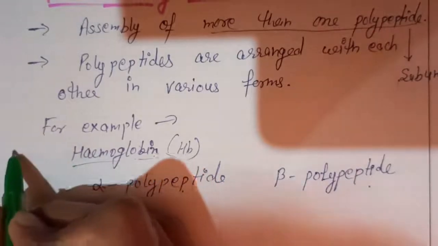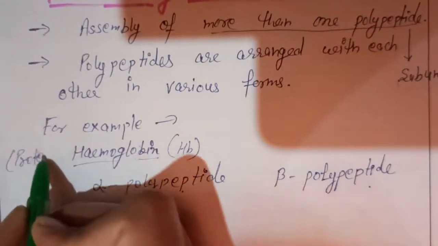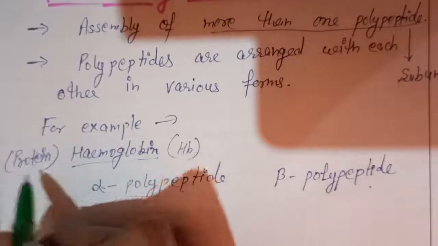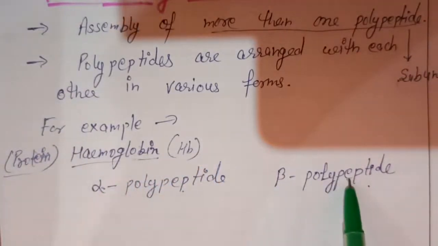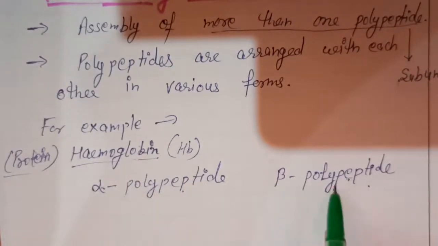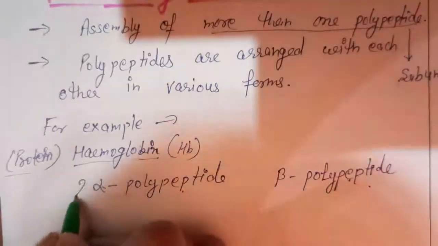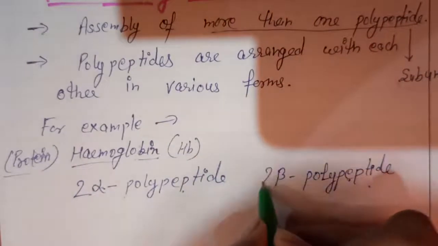What is hemoglobin? This is basically a protein, and this hemoglobin protein is made up of two types of polypeptide chains. These are alpha chain and beta chain. So two alpha chains are present here and two beta chains are present here.